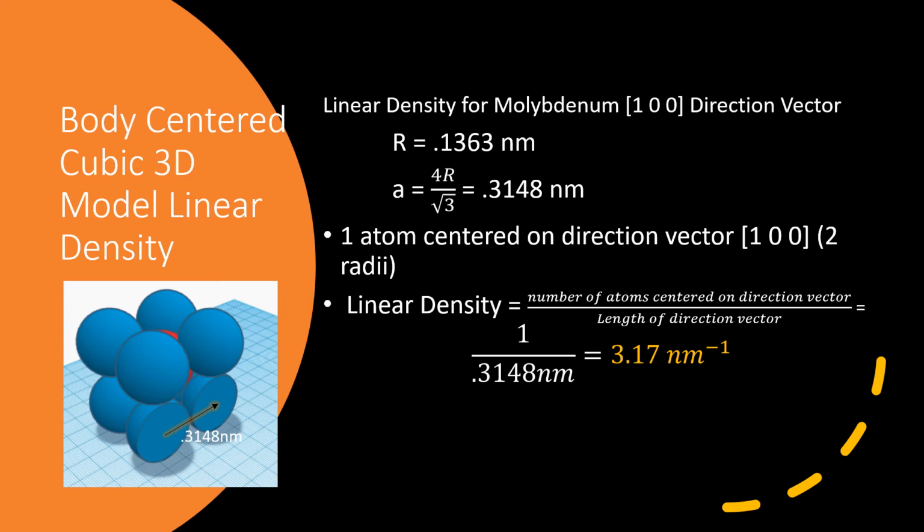You figure out your unit cell edge length, and then you determine that one atom is centered because you have 2 radii, which equals 1 full atom. Then you divide 1 by the 0.3148, and you get your linear density, which is in nanometers to the -1, because it's 1 over nanometers.